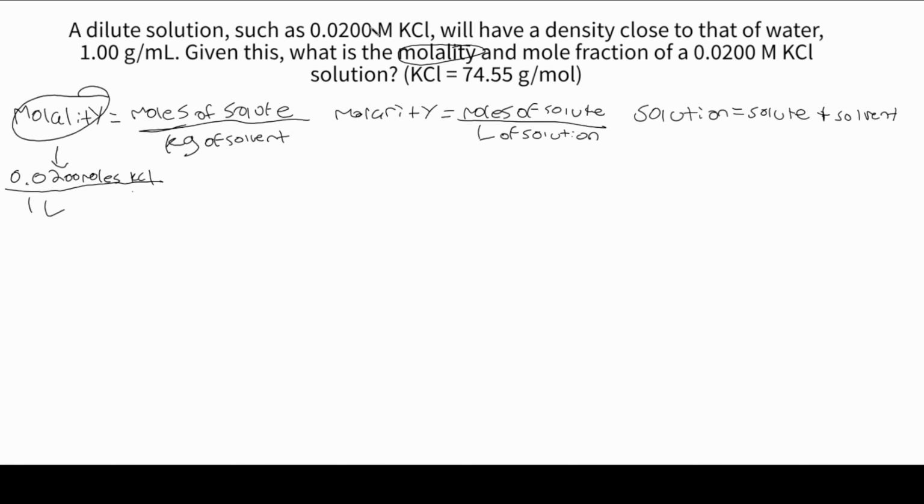So we need to somehow use the moles of solute and get kilograms of solvent. How we're going to do this is we are going to assume 1 liter of solution. When we multiply this by 1 liter, and use the molar mass, we can convert this into grams.